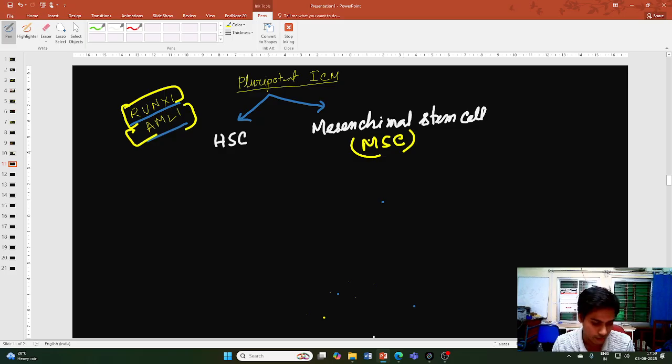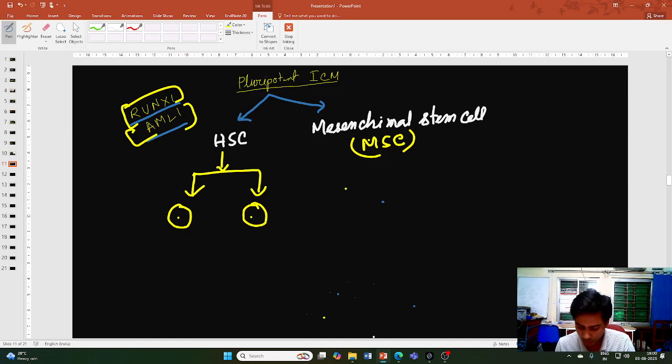With this HSC, two things happen. One is self-renewal, because it's a pluripotent stem cell, so it needs self-renewal. First thing, it needs self-renewal.